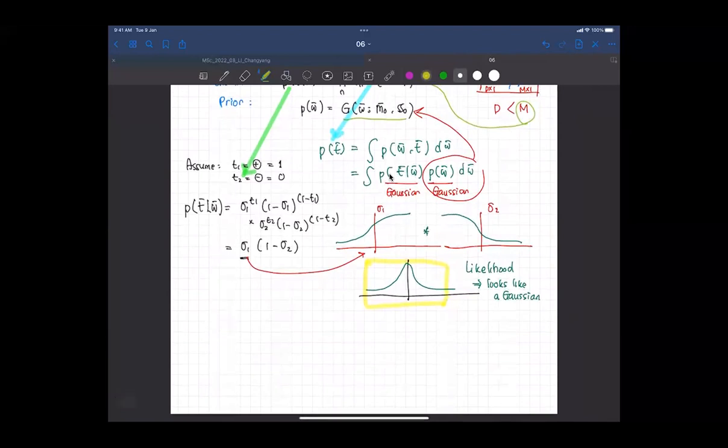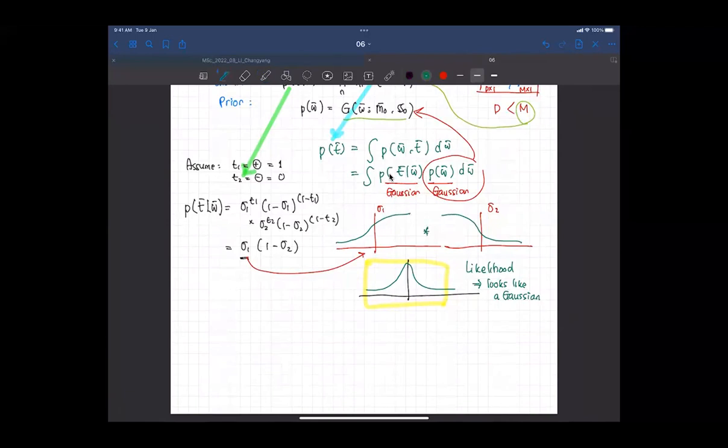Now, the question is that if we have a function that looks like a Gaussian but is not a Gaussian, the idea is to force it to be a Gaussian. The multiplication of the likelihood and the prior has to be a Gaussian.